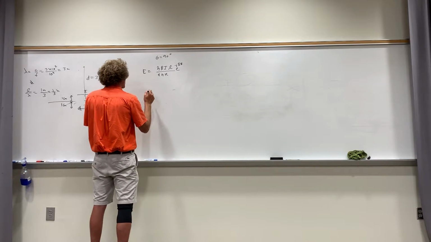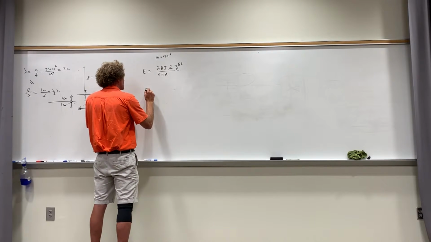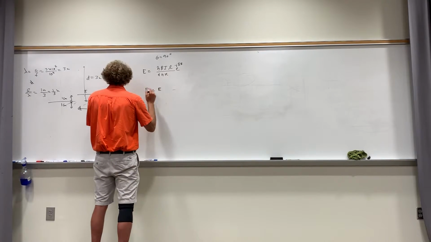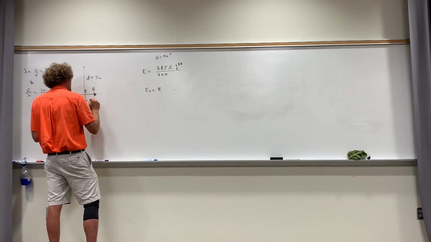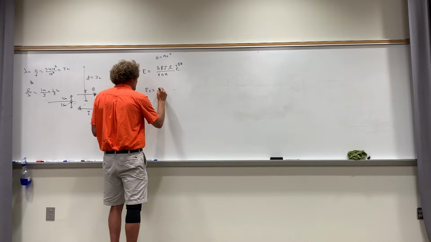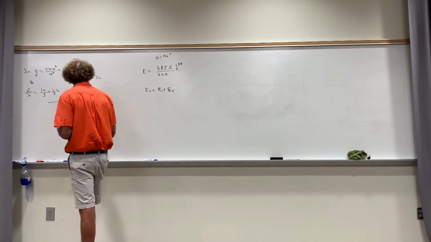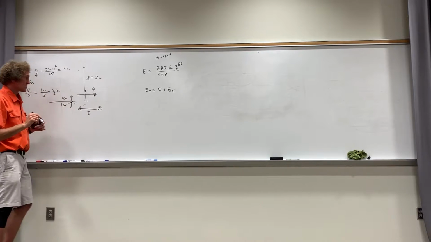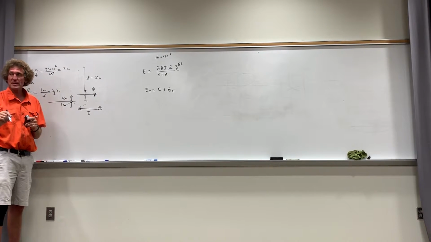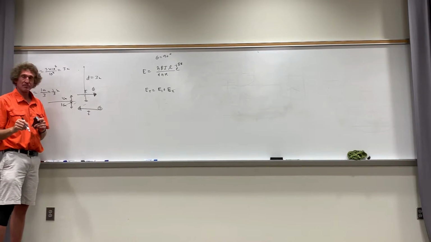So now I make the case that the total E field would be the E field from the first current element, I'll call that 1, plus the E field from the second current element, that's 2. All agree with me? Please make sure you watch this. We did this last time.